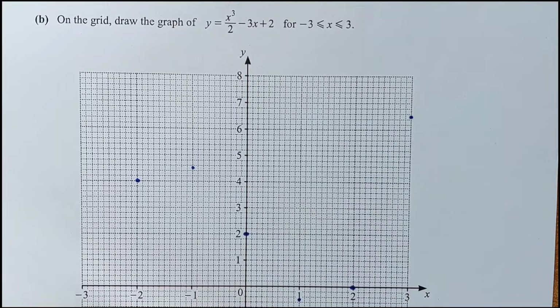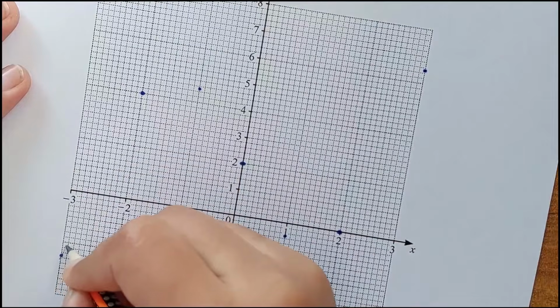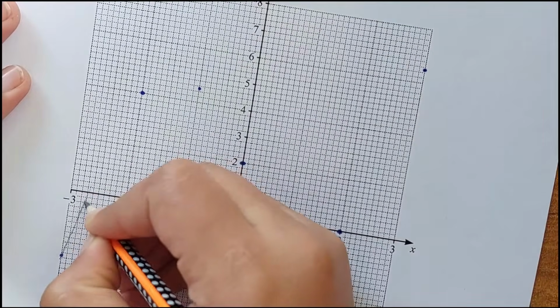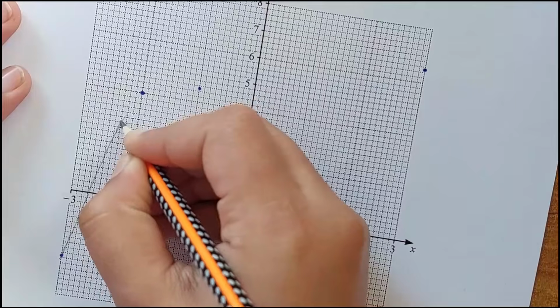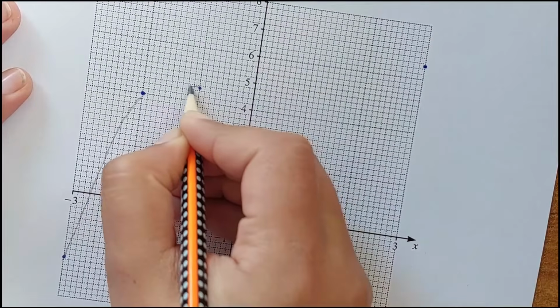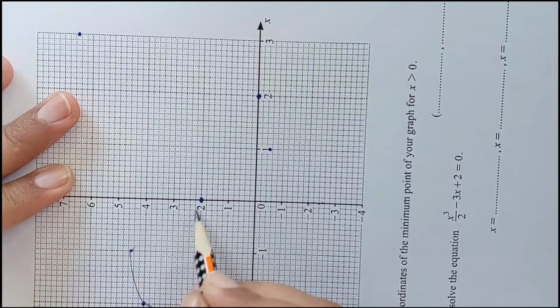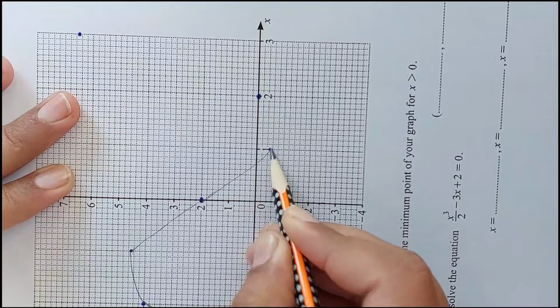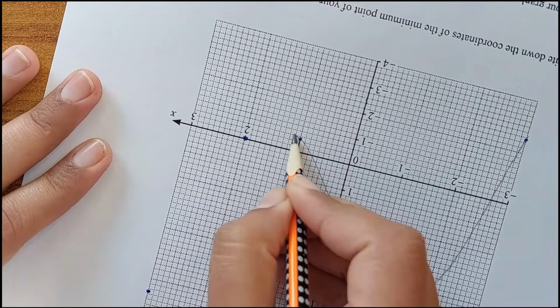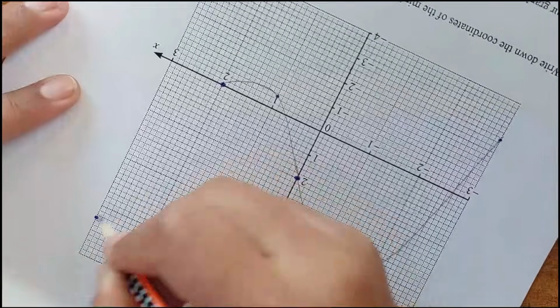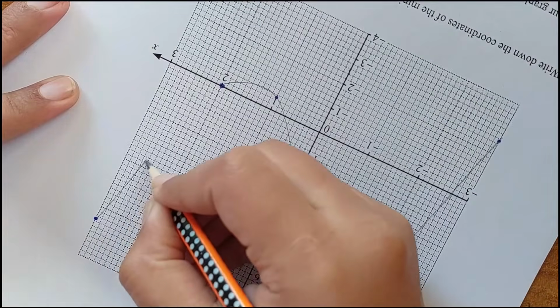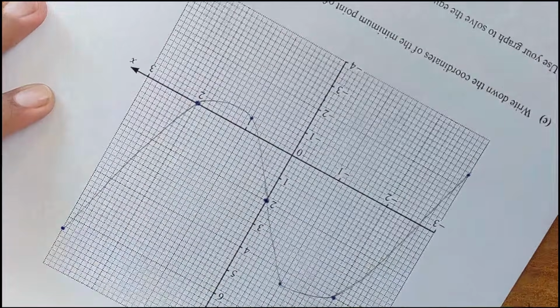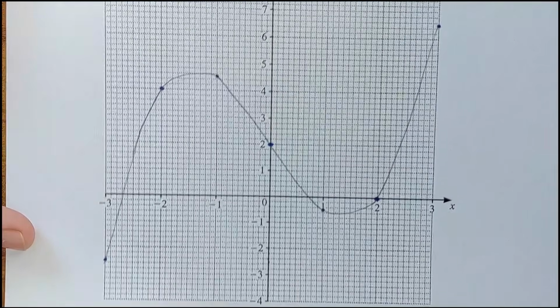Okay, let me connect all the points to get the smooth curve of this cubic function. Right. So this is the shape of the curve.